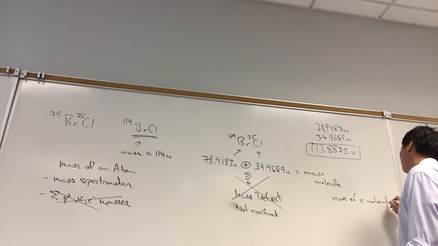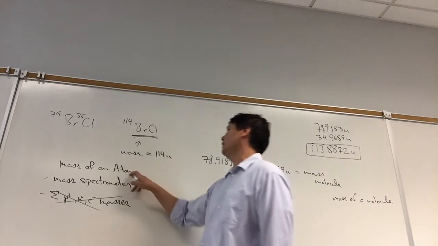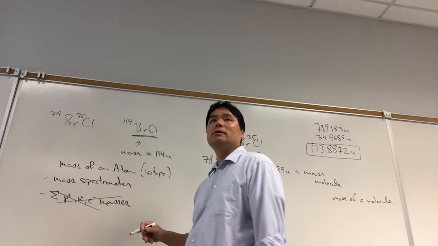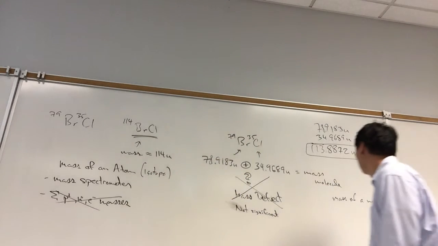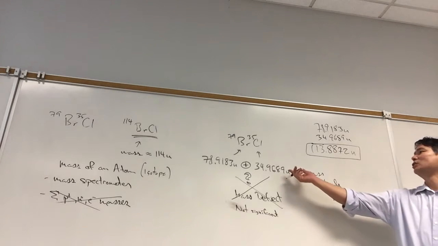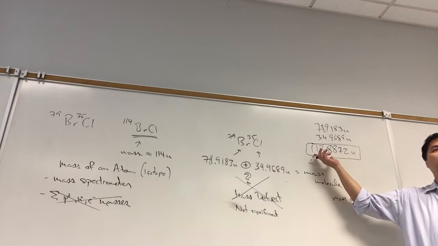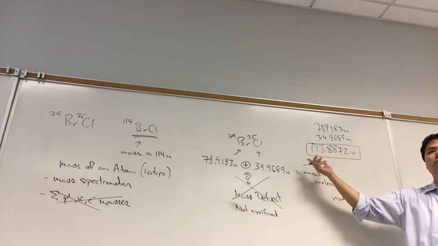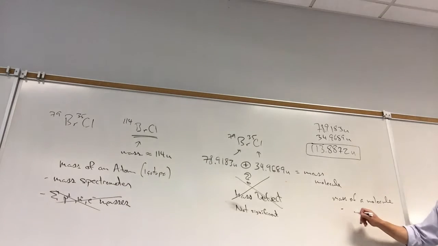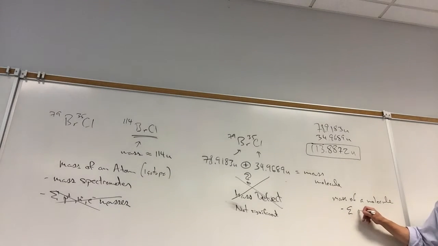For the mass of a molecule, we have to be careful because we have to specify an atom of a specific isotope, because each isotope weighs a different amount. For the mass of the molecule, we could get the average, of course. The average would be a weighted average of all the masses for all the bromine chloride molecules. With the mass of the molecule, we could sum up the isotopic masses.